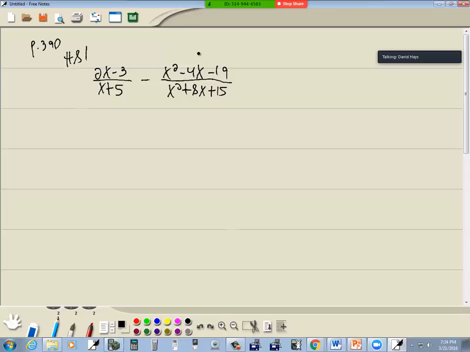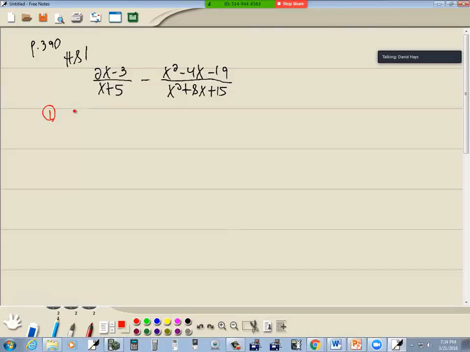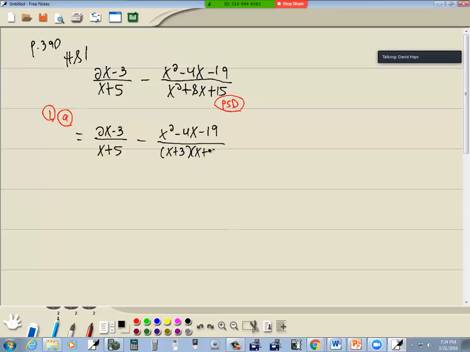Now our first step is get a common denominator. And the first sub-step within that is factor all the denominators. Now x plus 5 we can't do anything with, but this one is PSD. So we're going to have 2x minus 3 over x plus 5 minus x squared minus 4x minus 19 over x plus 3 times x plus 5.